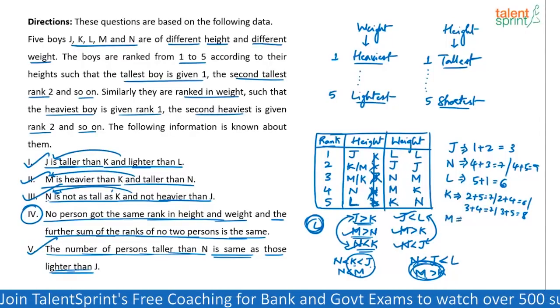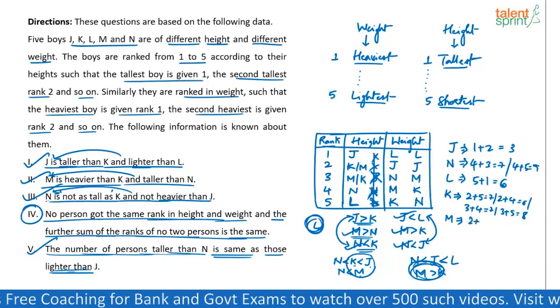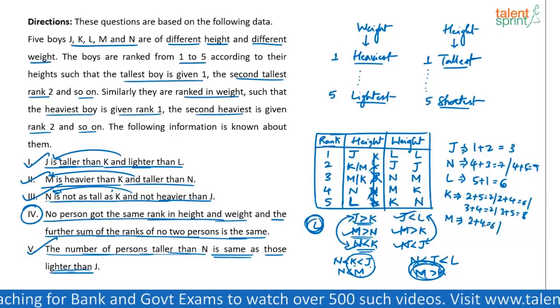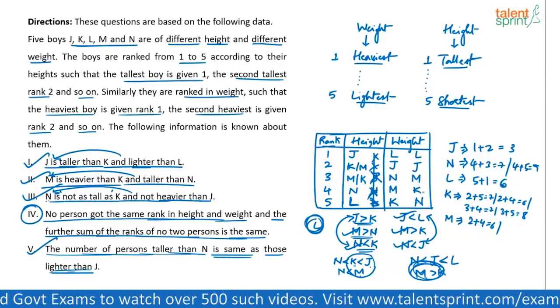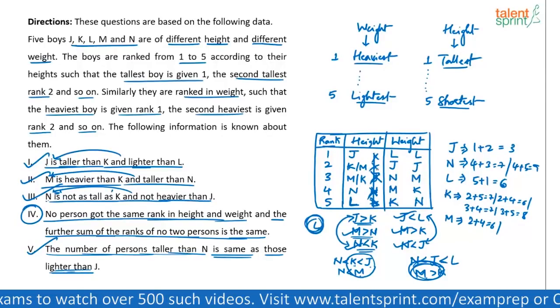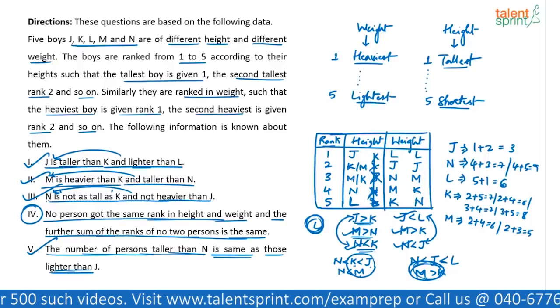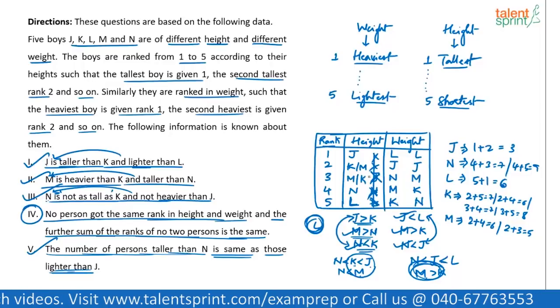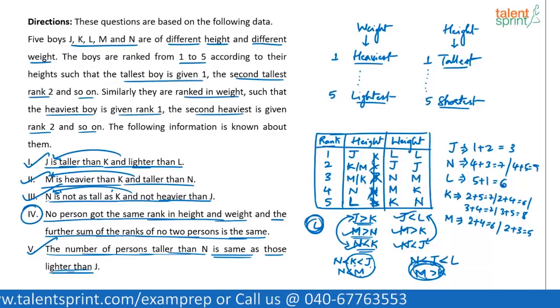And finally M. What are the ranks of M? 2 plus 4, 6. I'm sure we can do something better than this. For the lack of any other idea, I'm just trying to find out the sums. 2 plus 4, 6. 2 plus 3, 5. Or 3 plus 4, 7.